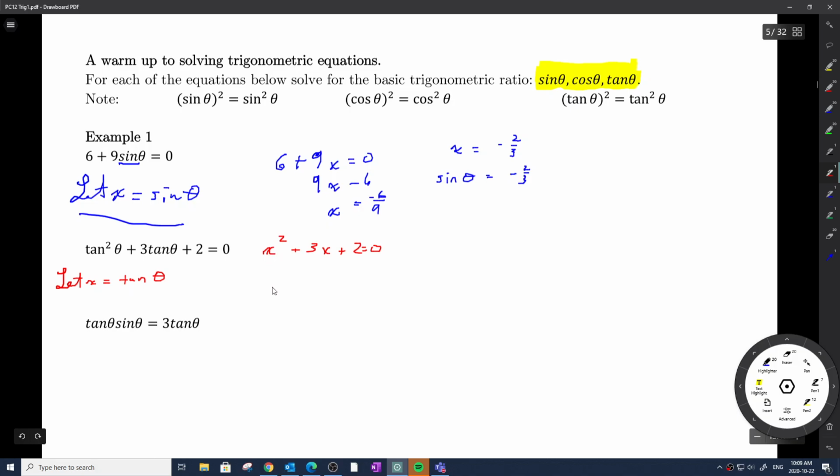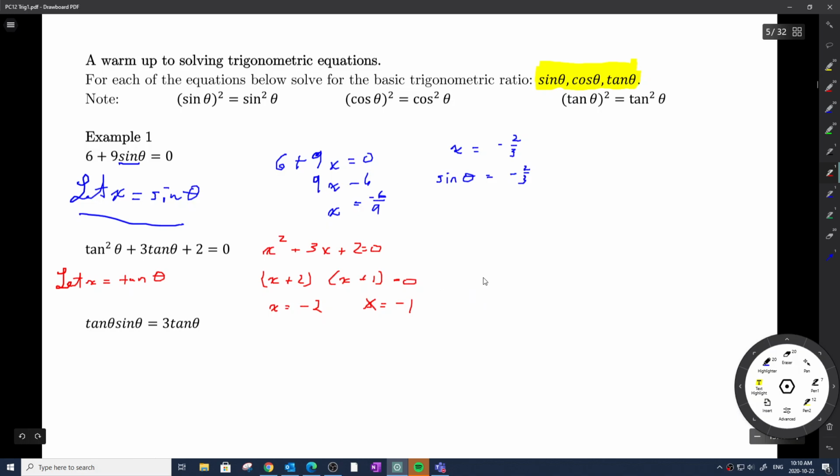So now I could factor this using the product sum rule. Two numbers that multiply to positive 2 but add to negative 3. That would be negative 2 and negative 1. And if I'm solving for x, I would say x is equal to 2, or x is equal to 1.